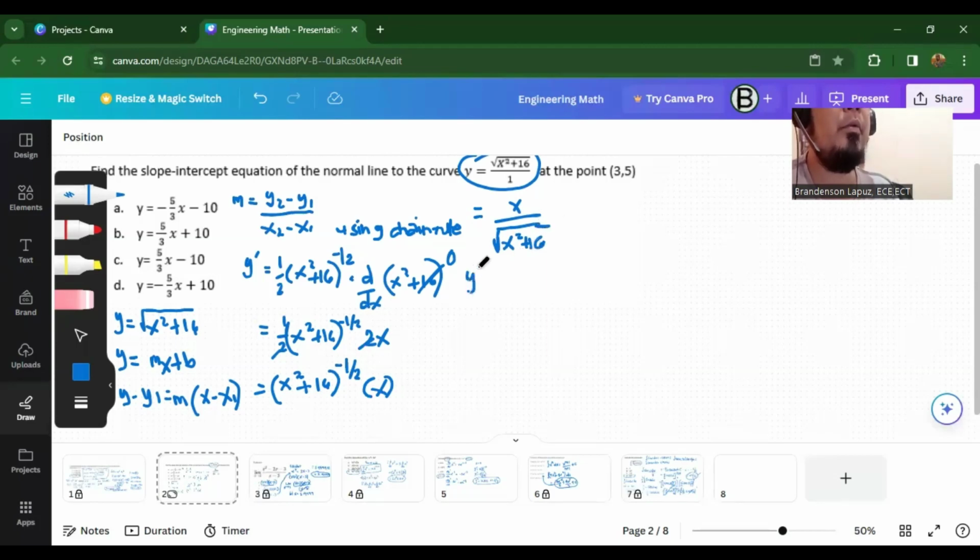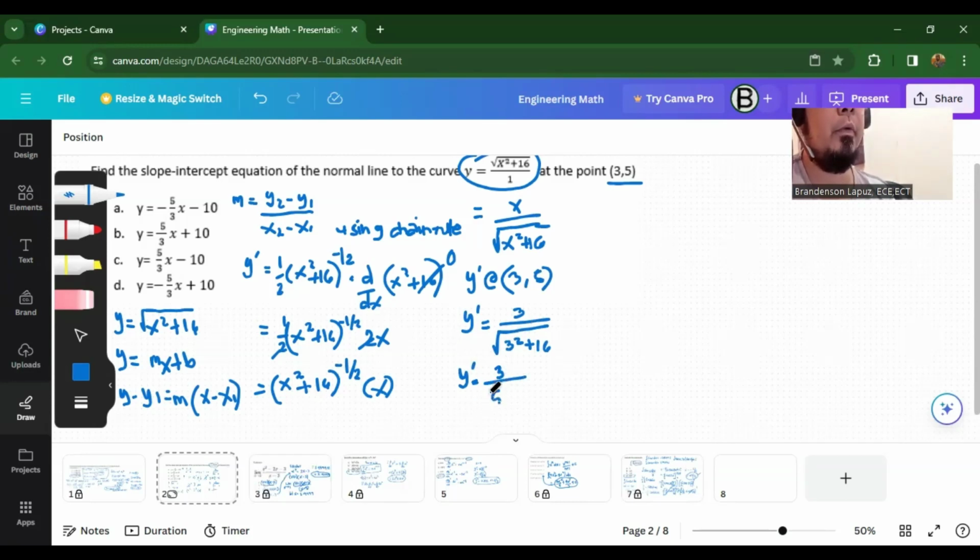So y prime at the point 3, 5. So, we substitute the values of x. So y prime is equal to 3 all over the square root of 3 squared plus 16. Correct. So that would be y prime is equal to 3 over 5.